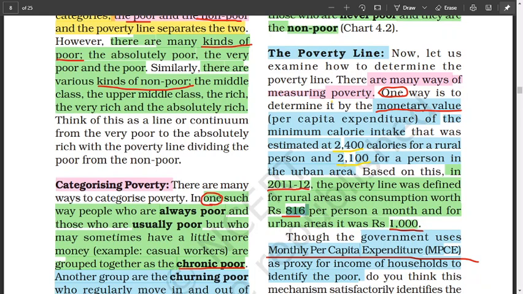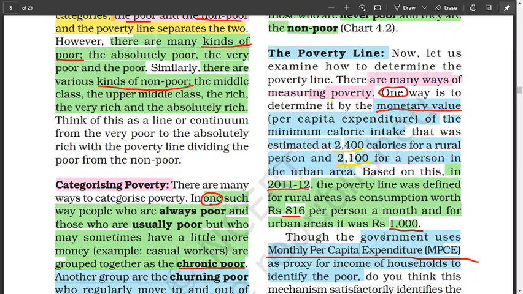These rates keep on changing as time passes because of the increase in prices. But for 11-12, this is the amount. If you cross 816 in rural or 1,000 in urban, then you are no more poor. This is the line that differentiates between poor and non-poor.